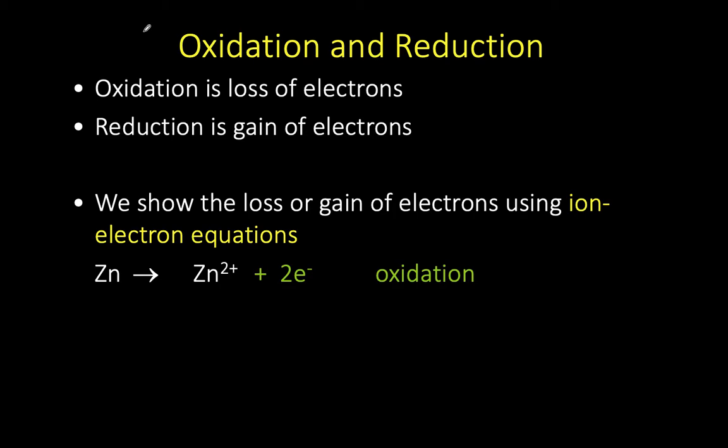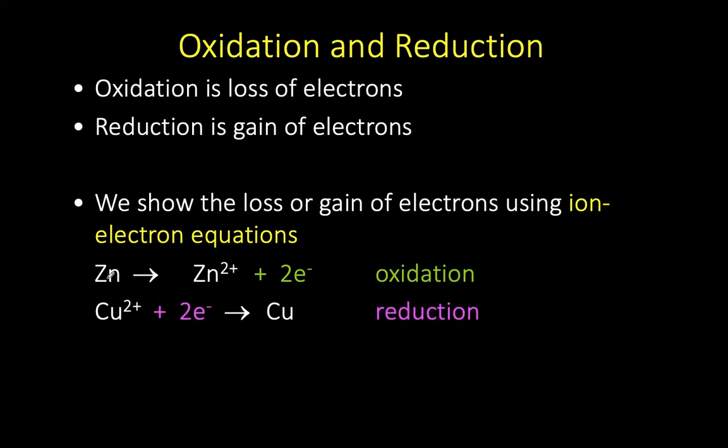In this reaction here, we have the zinc atom becoming a zinc 2 plus ion, and to become the zinc 2 plus ion it has lost 2 electrons. So oxidation is loss of electrons. This would be an oxidation reaction.